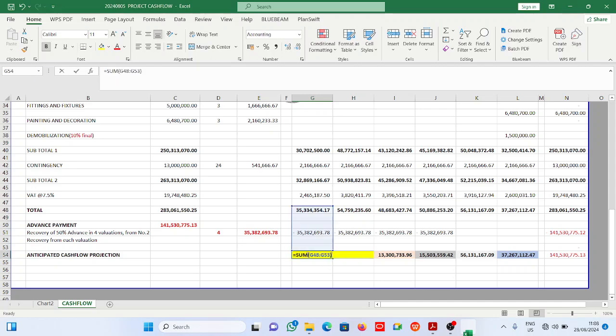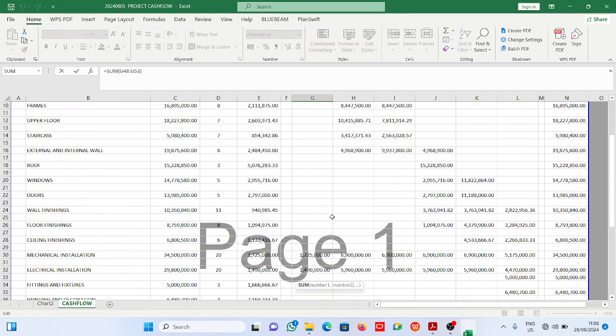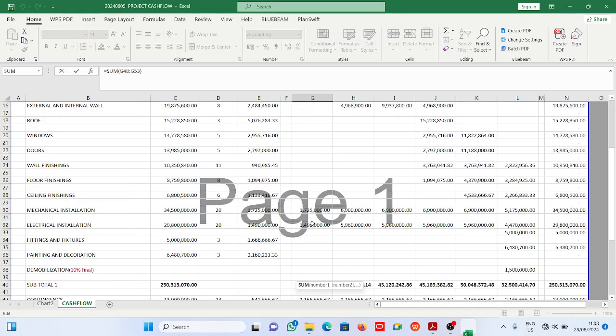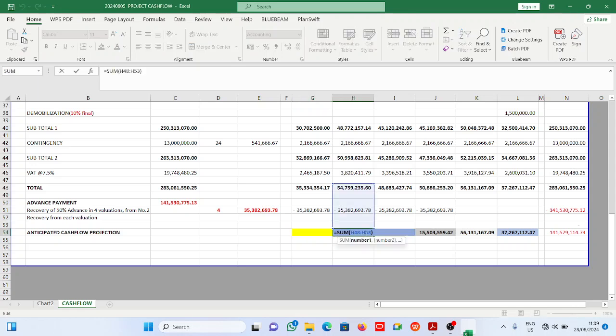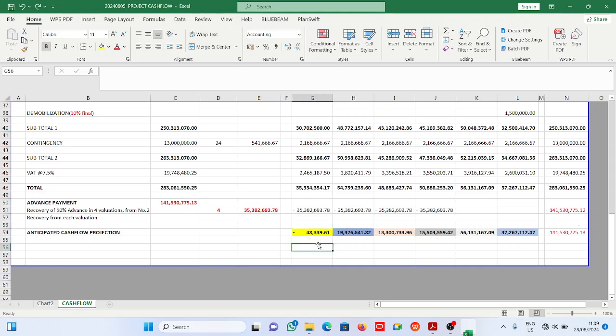That is why you see we start amortization from the first month. However, if this were to be for a contractor's cash flow, the contractor wants to track the inflow and outflow of cash as he executes the work. This will go away. He starts from here, valuation number 2. So please let us take note of that discrepancy.